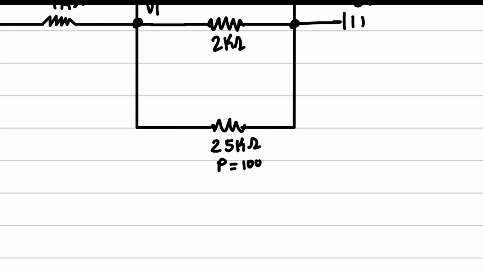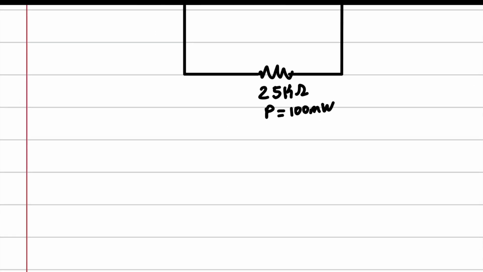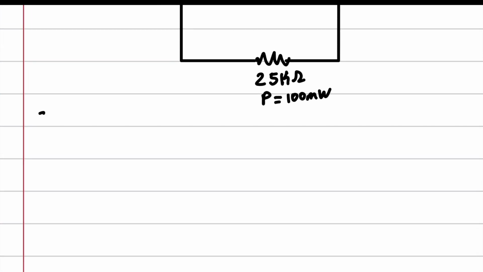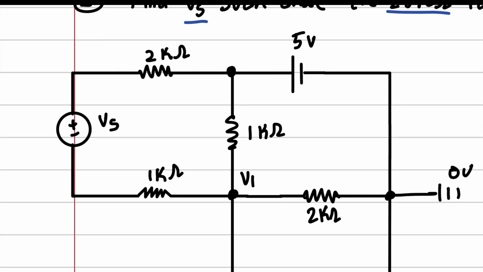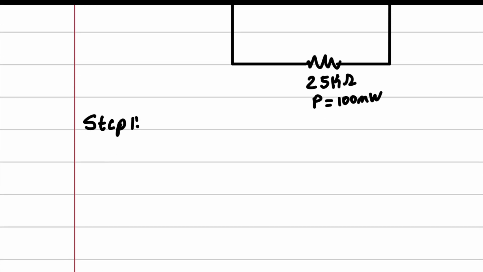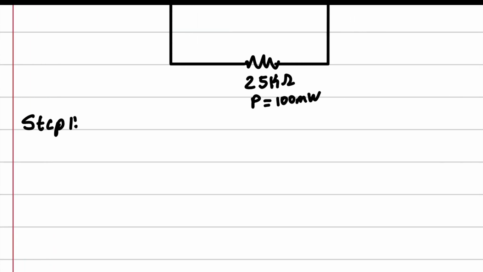And from here, we're actually given some initial conditions. So step 1 is to figure out what those are and apply them to nodal analysis to find this Vs right here, okay? So the most obvious thing is to find current from power given, right?